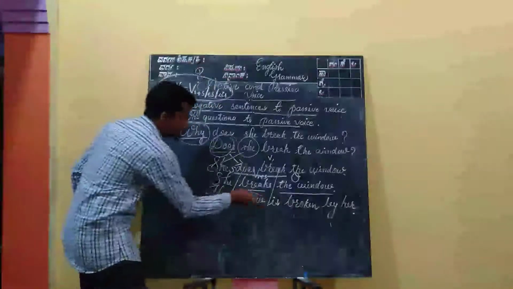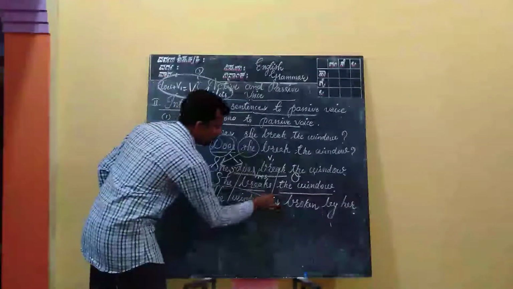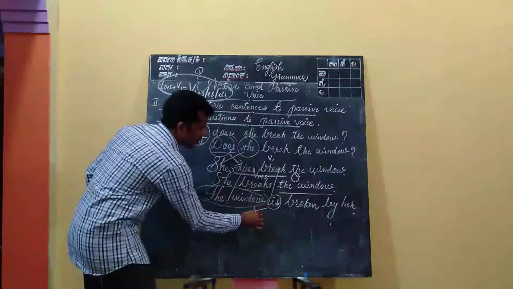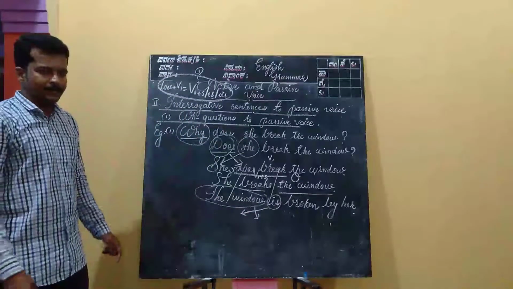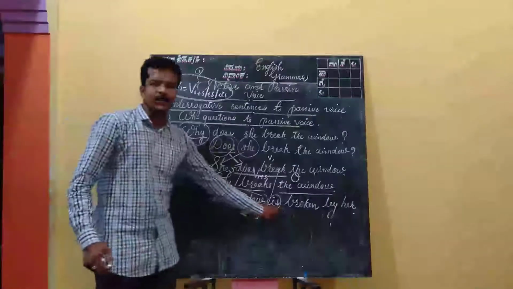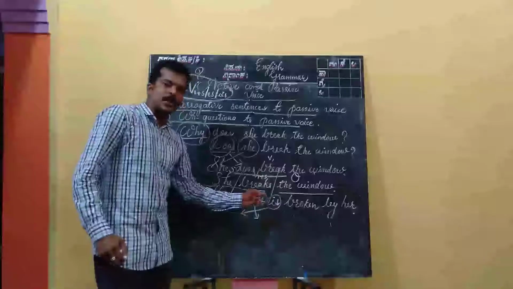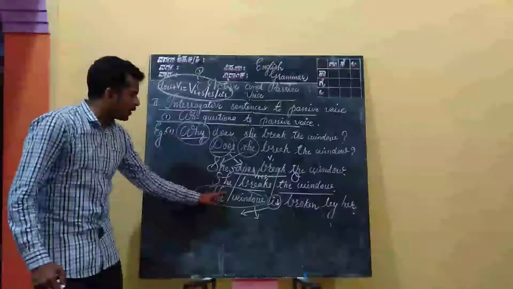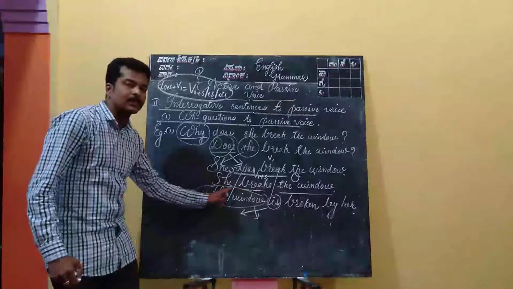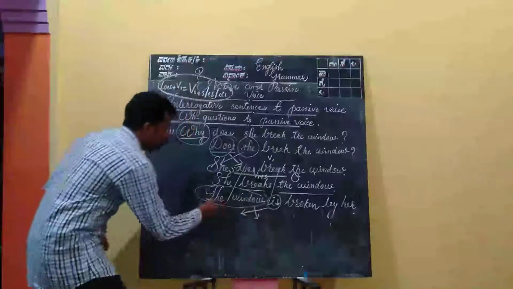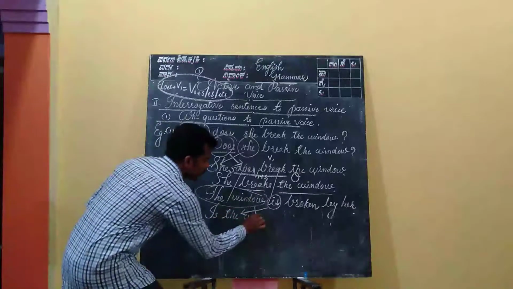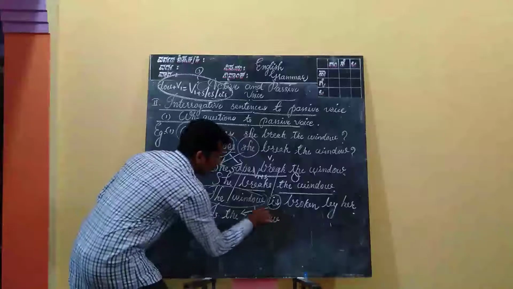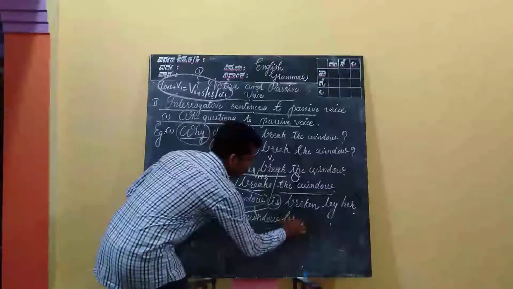Now change this assertive sentence to a rhetoric question by changing the place of the subject and the helping verb. This sentence is in assertive form now. We want to change it to a rhetoric form by changing the place of the subject and the helping verb. How does it become? Is the window broken?